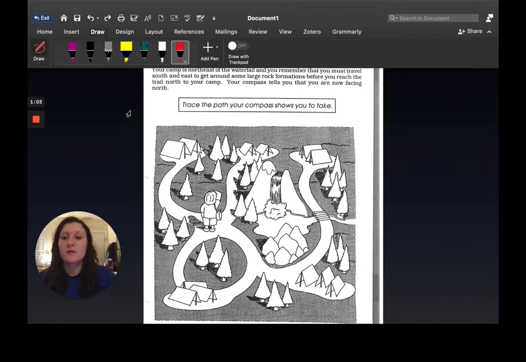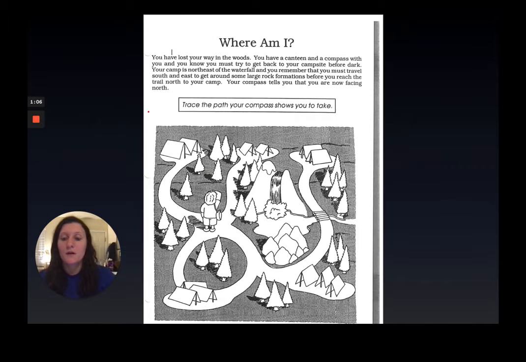So we are going to first look back in our directions to see all the directions that they give us. So it says your camp is northeast of the waterfall.